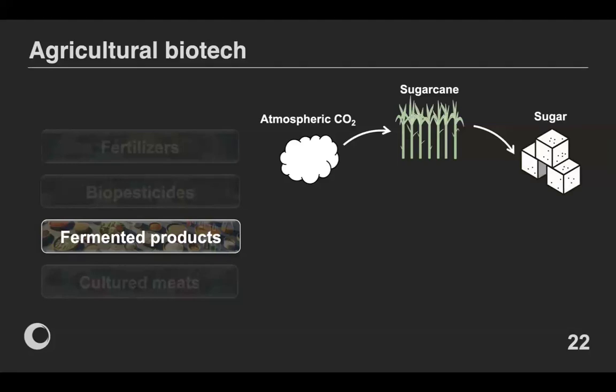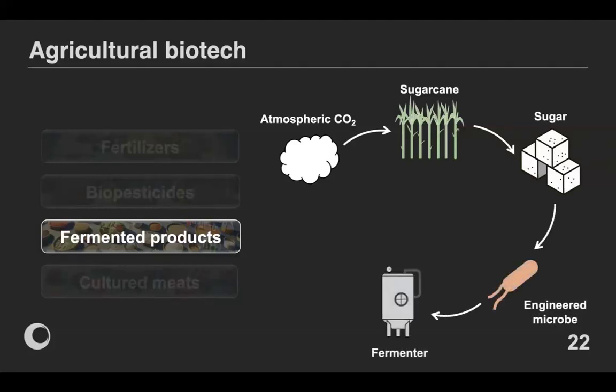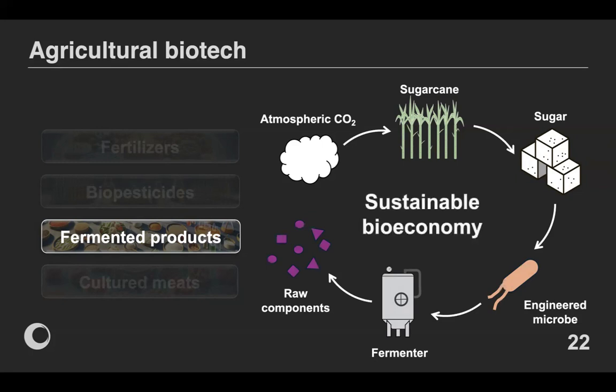This sugarcane can be made into sugar that can be fed into an engineered microbe. These microbes can be grown up in large fermenters, and then produce these raw components at large volumes, which are then used to make synthetic food products. The idea is that you can create a much more sustainable infrastructure over longer periods of time.